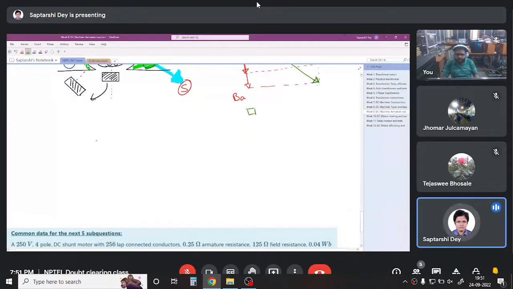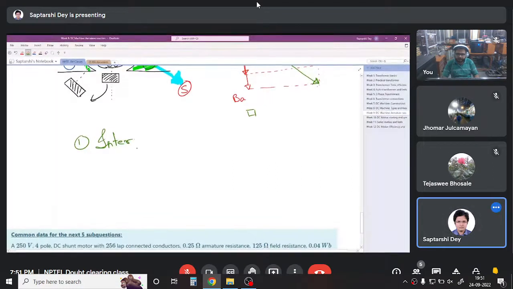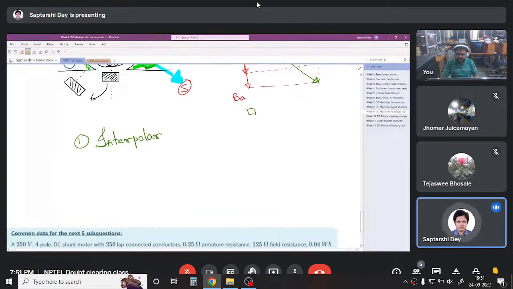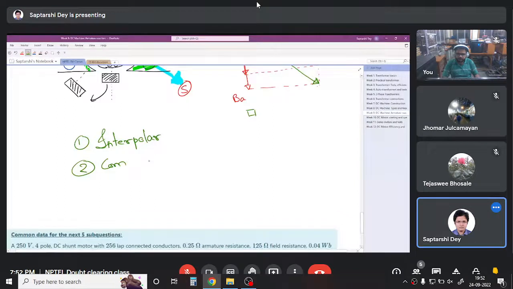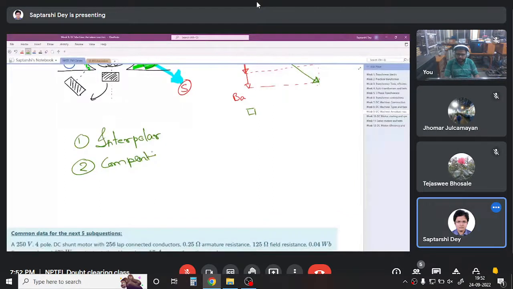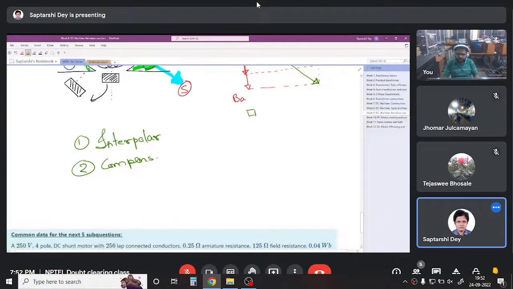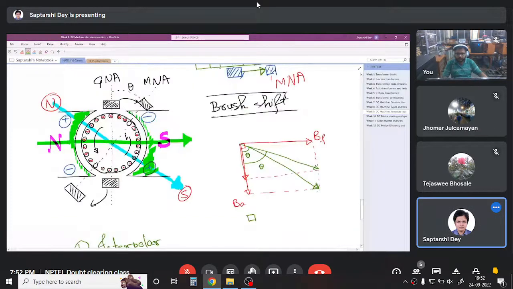For this, people go for different kinds of windings, extra windings on the field. There are two kinds of windings. One is interpolar winding, another one is compensating winding, right?